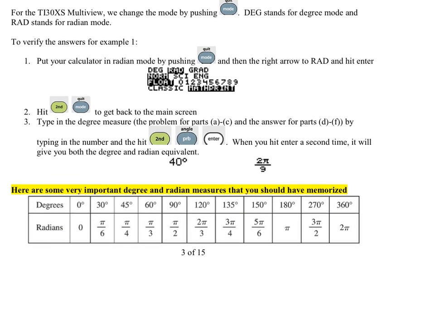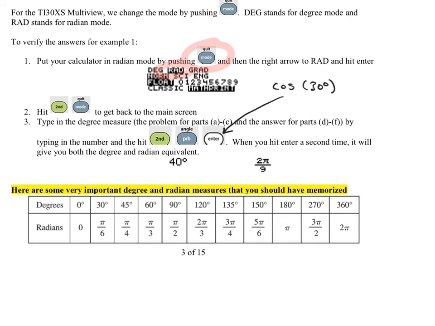And I'm not going to lie, I always keep my calculator in radian mode the entire semester. So if I ever want to find something like the cosine of, let's say, 30 degrees, I can find it when I'm in radian mode as long as I hit this button right here, second, the angle button, and then enter for the degree symbol.